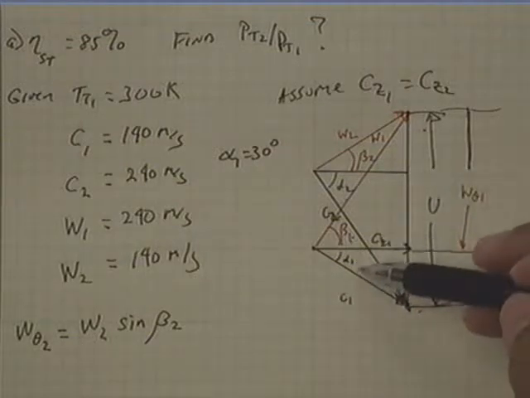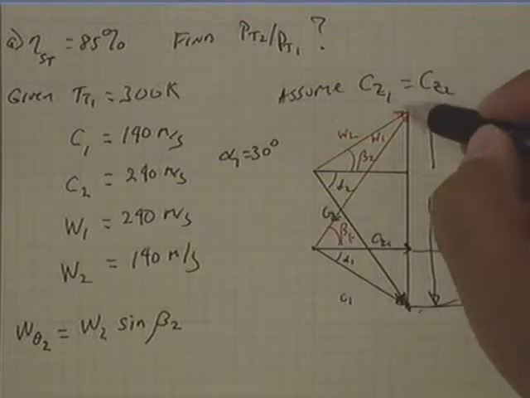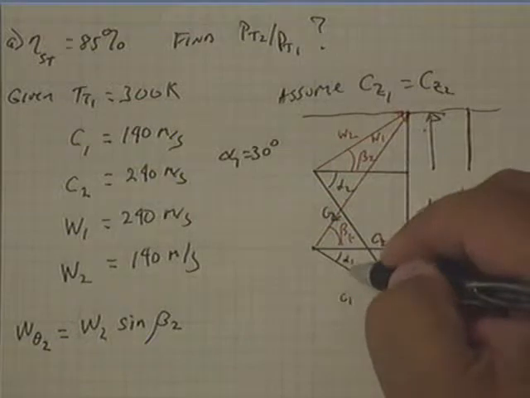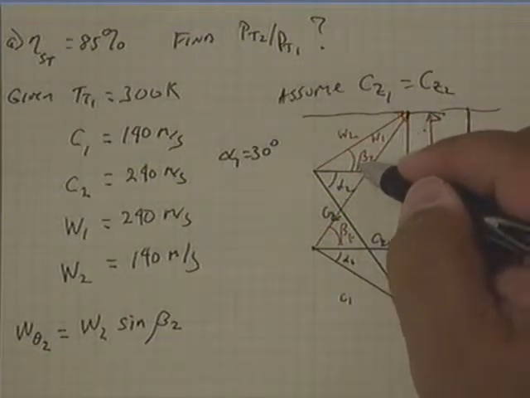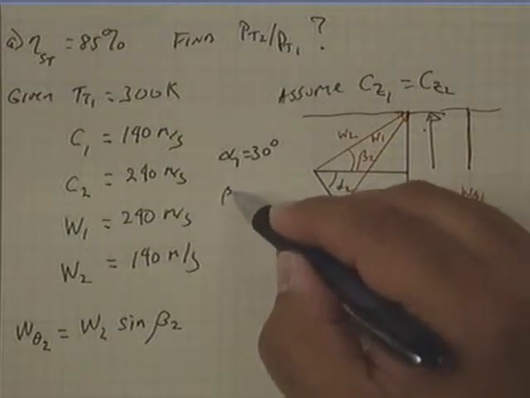Now, because of that, and because of this symmetry, you should be able to show, just from geometry, that if this angle is 30 degrees, this angle is 30 degrees, then beta 2 is 30 degrees.